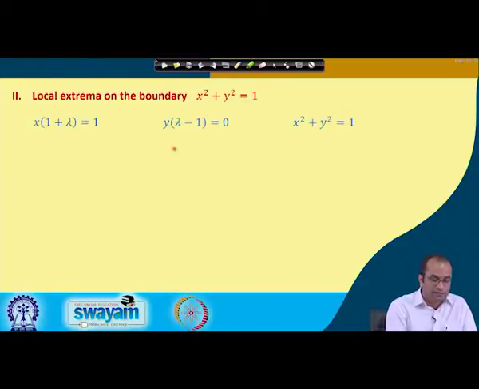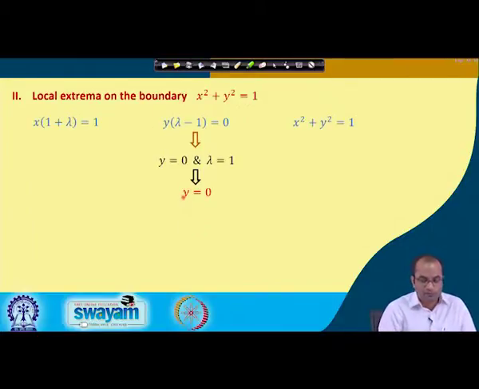Let us start with this middle one. This is satisfied when lambda is equal to 1 or y is equal to 0 or both. So, let us consider that y is equal to 0 first. So, this equation is satisfied. Now, for y is equal to 0, from the third equation we have x square is equal to 1.